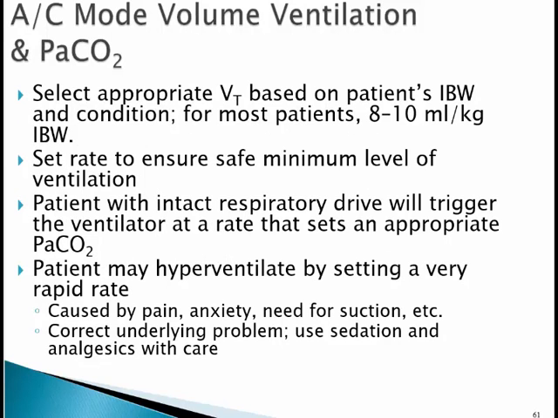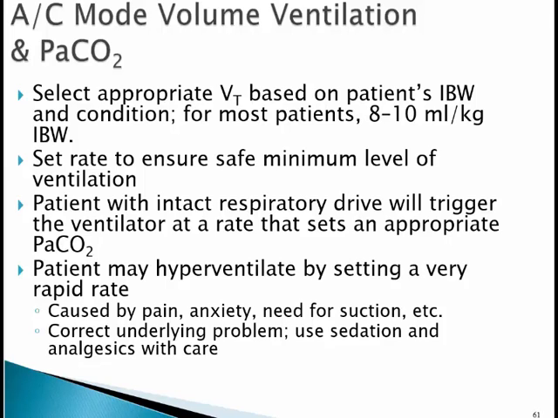Now, if you remember, in the assist control, one of the things there is the potential for hyperventilation. And so sometimes it can be tricky here also for adjusting the PaCO2. So you select the appropriate tidal volume based on the patient's ideal body weight and condition. For most patients, again, in the neighborhood of 6 to 8 or 8 to 10.